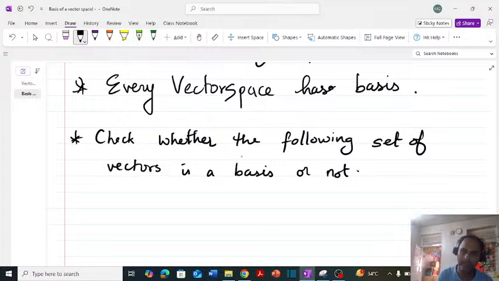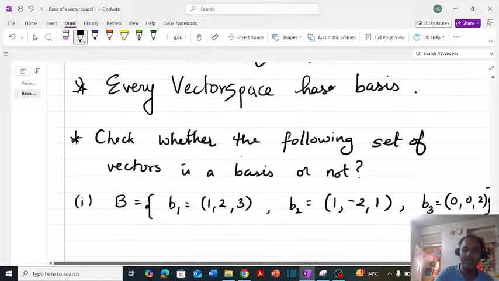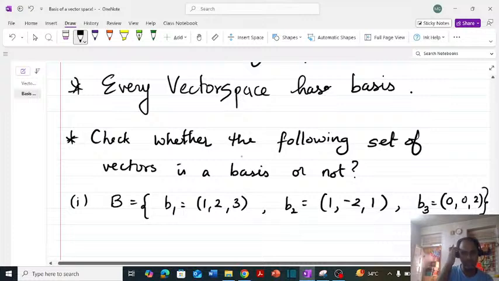First, we are given B: b1 equal to (1, 2, 3), b2 equal to (1, -2, 1), and b3 equal to (0, 0, 2). We have to check whether this is a basis set or not.